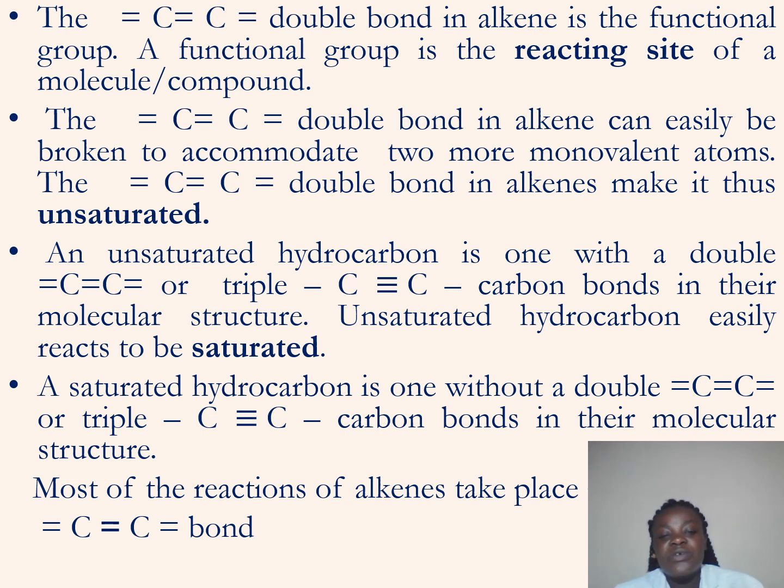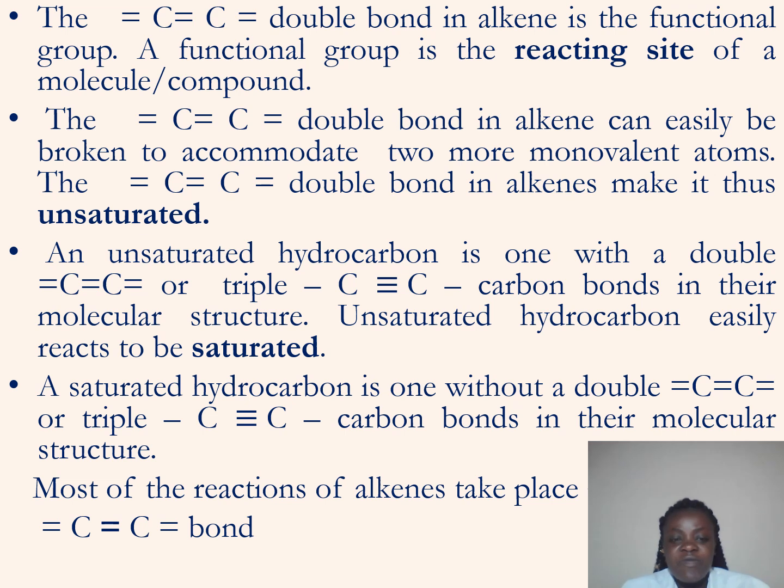If you are asked what an unsaturated hydrocarbon is, you can say it is a hydrocarbon with a triple or double bond. Then saturated hydrocarbons are hydrocarbons that do not have a double or triple bond. For example, the alkanes, we saw that they are saturated since they have a single bond.